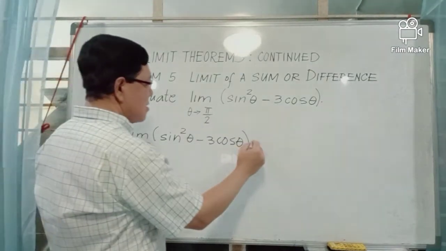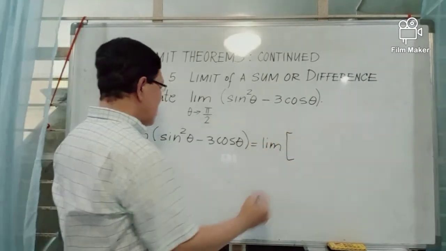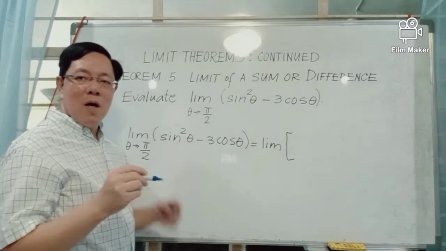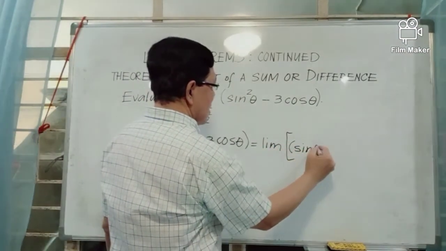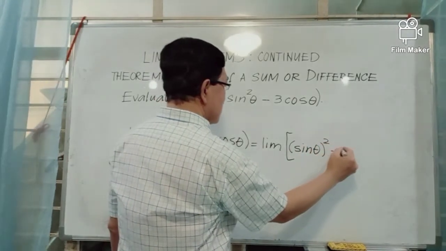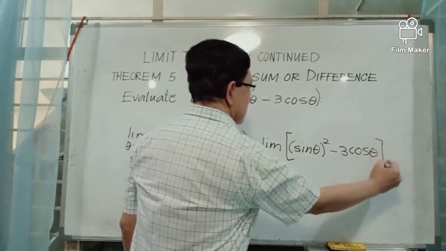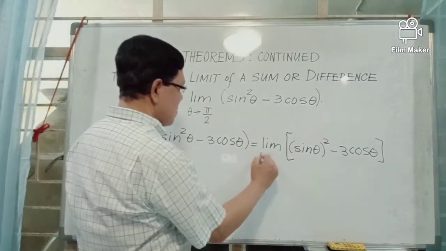We rewrite this as the limit of sine theta squared minus 3 cosine theta as theta approaches pi over 2.